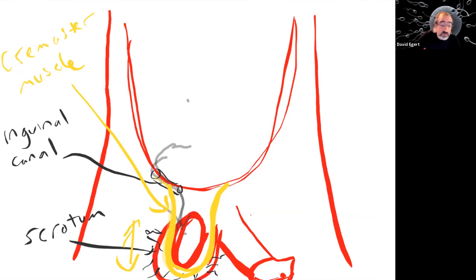There's also another muscle within the skin, the dartos muscle, which can wrinkle or smooth out to increase or decrease the surface area of the scrotal skin. So you have a variety of ways to help adjust the temperature.